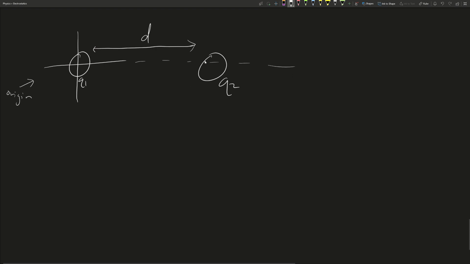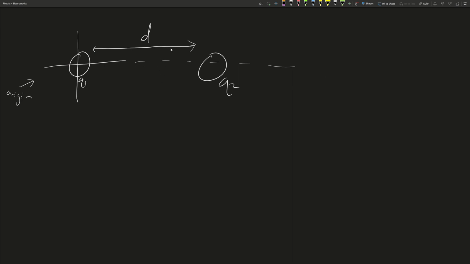Now, let's just say we have a small positive charged particle here, and we want it to be at equilibrium. So basically, we want to find the point where the force is zero between these two charges. Where along this x-axis can a positive charged particle be at equilibrium?